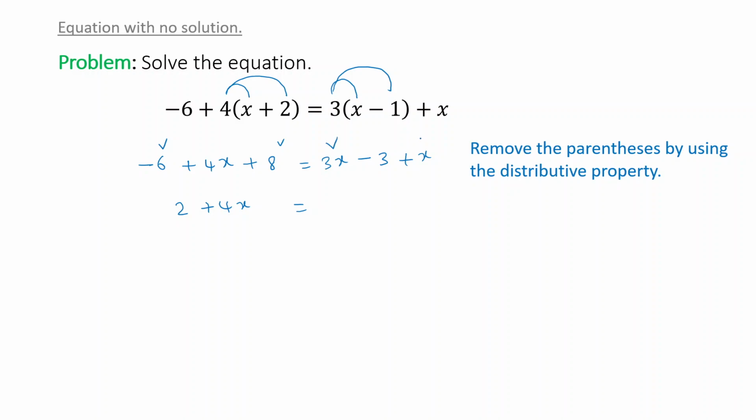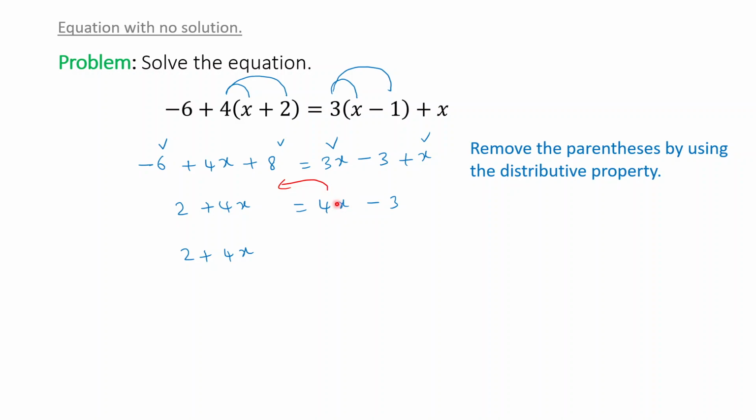combine this and this, 3x plus x, 4x minus 3. You have variable here and also here. Move this to the left hand side. Two plus 4x.